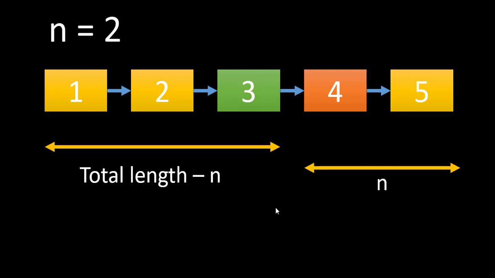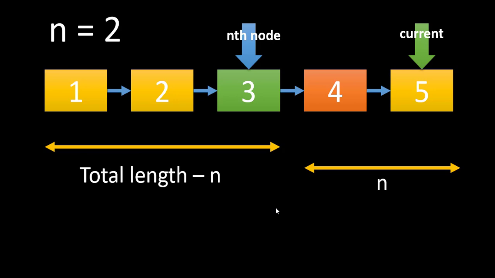The number of nodes remaining after this 3 will be n nodes. We are sure of that, and we need to iterate over this linked list in order to delete the node. So at the end of the loop, our current pointer should point at the last node and our nth node should point to the node whose next element we need to delete.